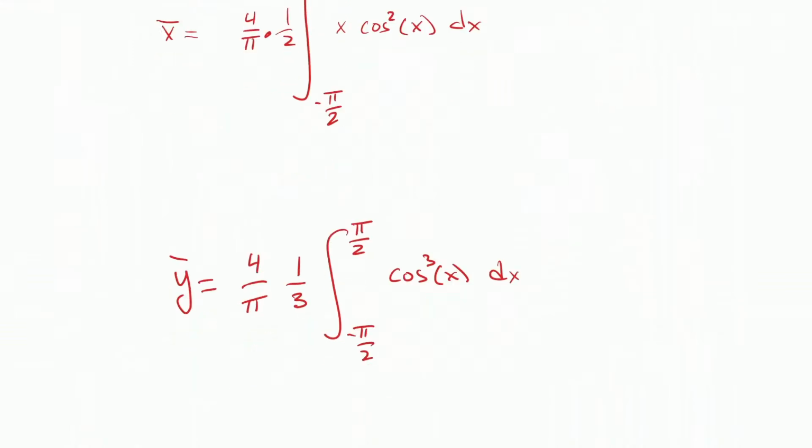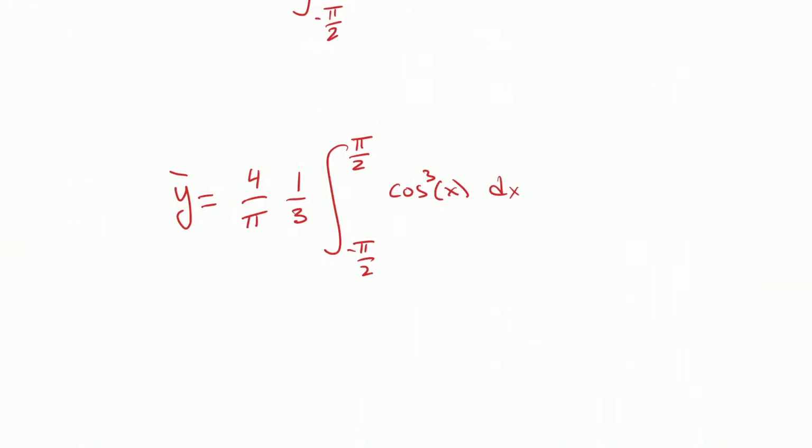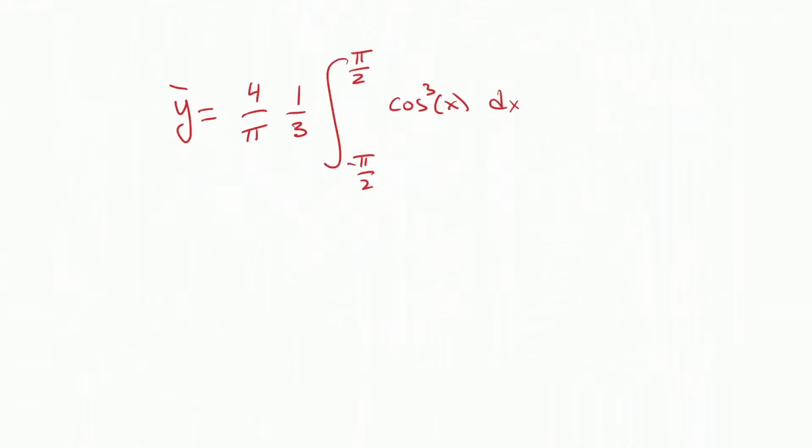The way that I would do this one is I would use u substitution. You might say, well, what are you going to use u substitution for? Well, I'm going to do this, and you're going to lose your mind at this point. The u is going to be sine of x. And it's like, where does the sine of x come from? Well, I'm using a couple of identities. I'm going to take that cosine times cosine squared of x. So here's how this looks.